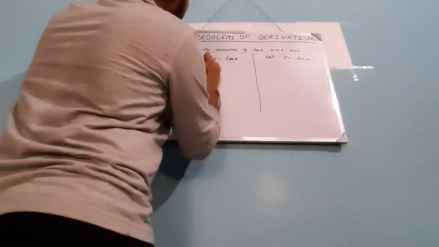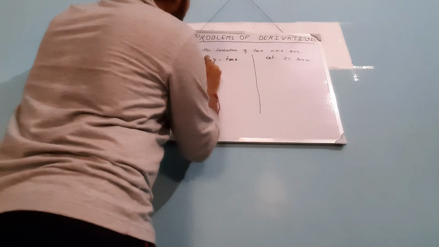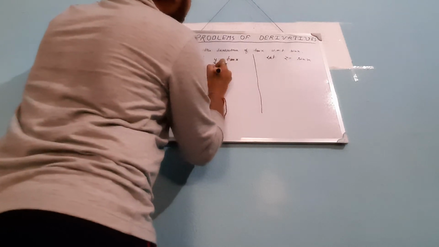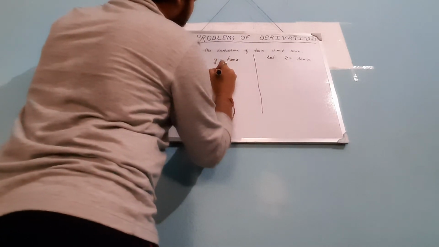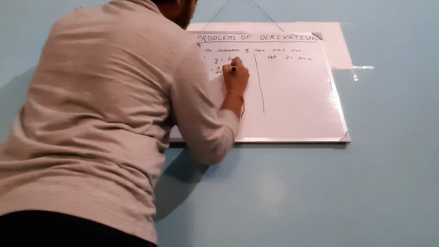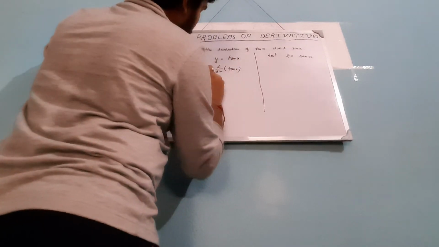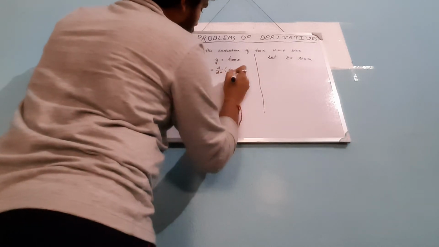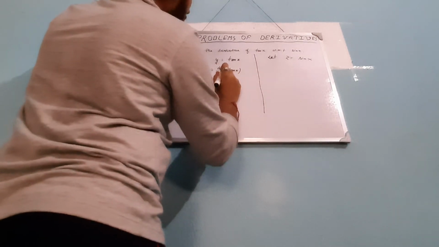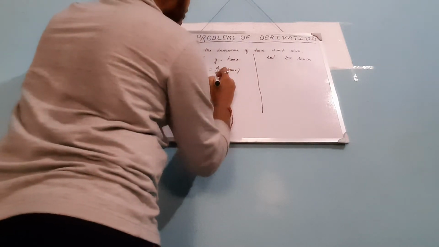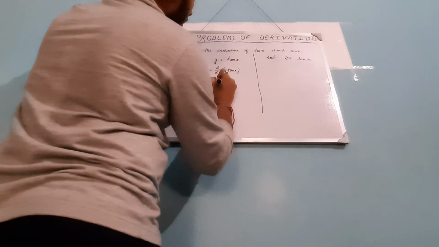So dy by dx equals dy dx of tan x. Note the formula: sec square x.